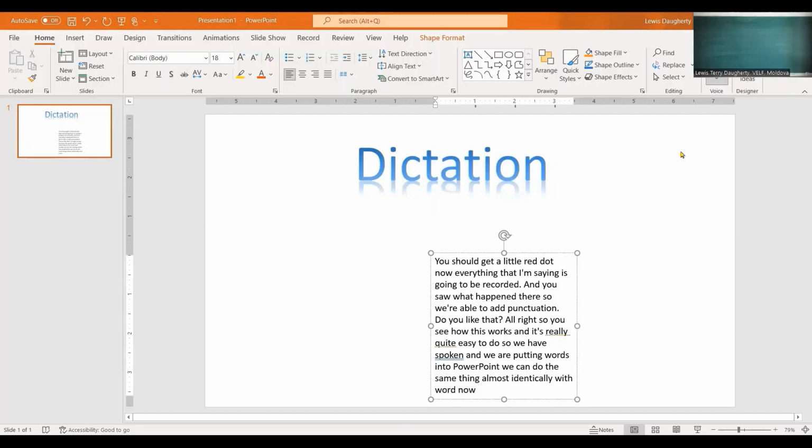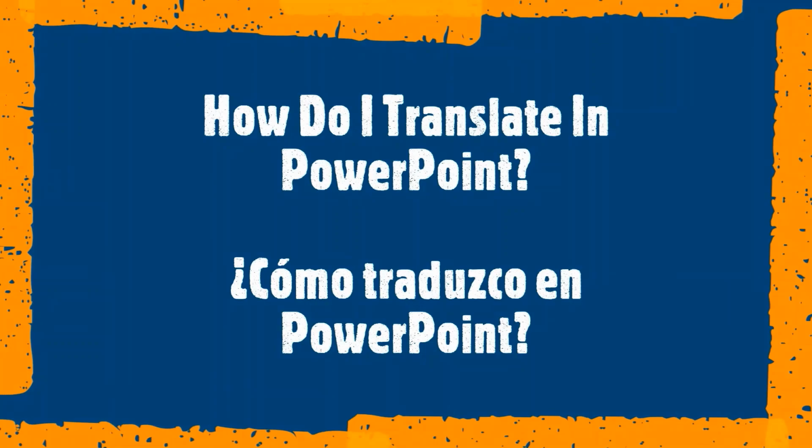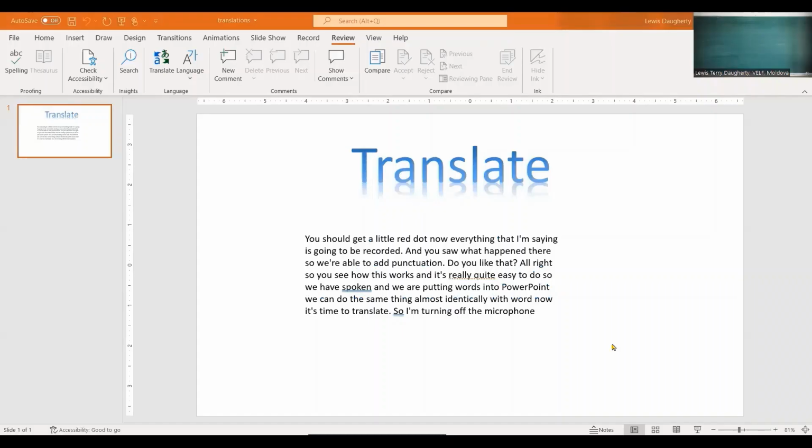Now it's time to translate. We now have the words that we generated when speaking for dictation. Now let's translate it into Spanish. To do this, we go to Review and then to Translate.